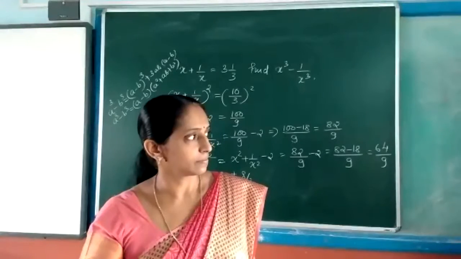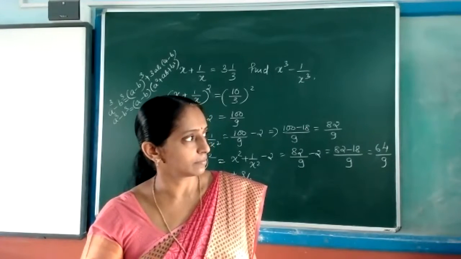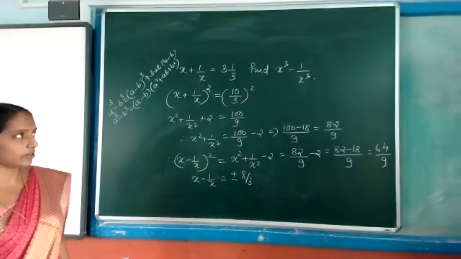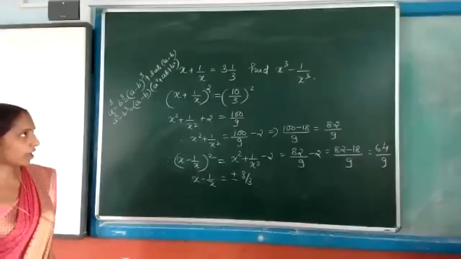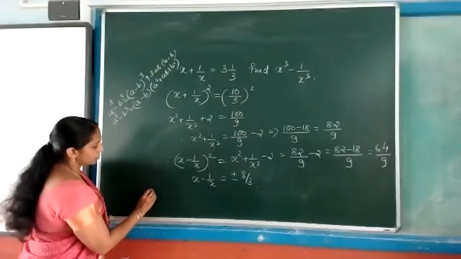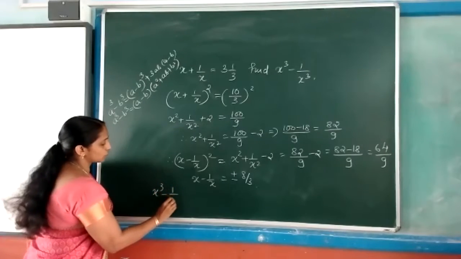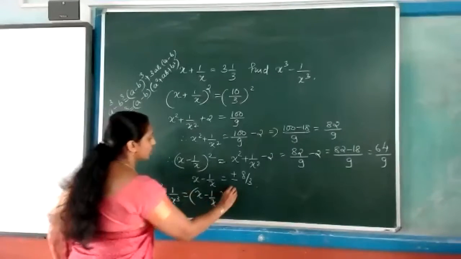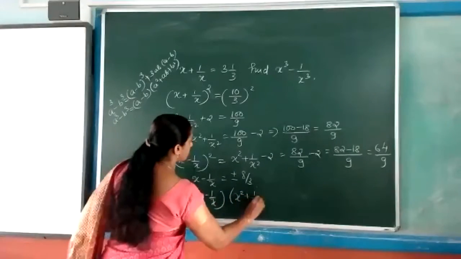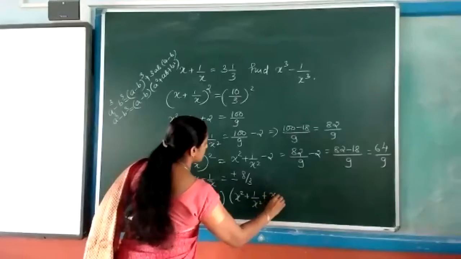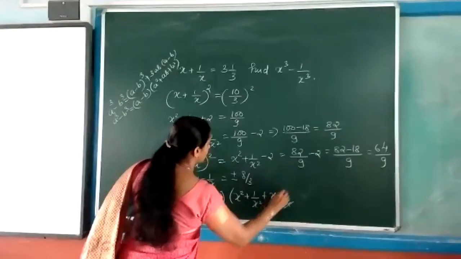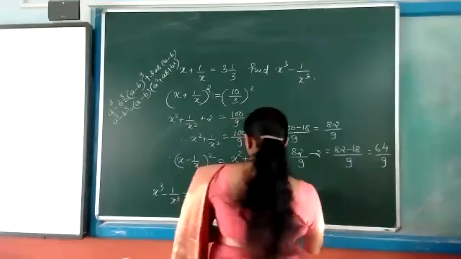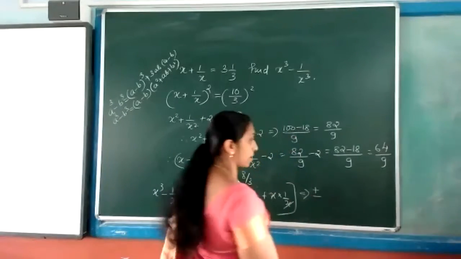No need of going for separate values. You have to take, see, x cube minus 1 by x cube, that is equal to x minus 1 by x into x square plus 1 by x square plus x into 1 by x. So x and x will cancel, and you are having these two values. Plus or minus you will take outside.